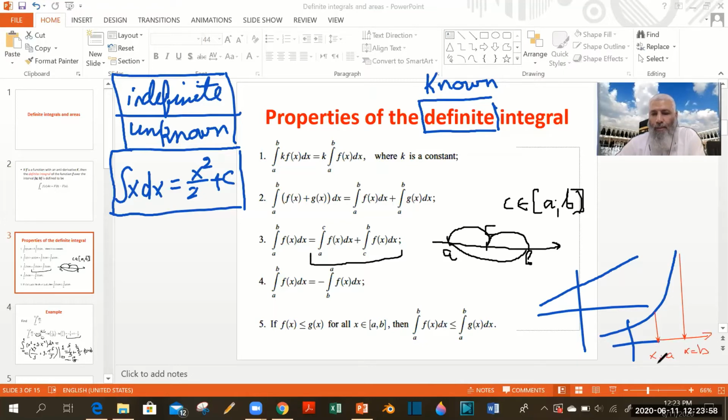Let's say this is 5 and this is 7, for example. From a to b.